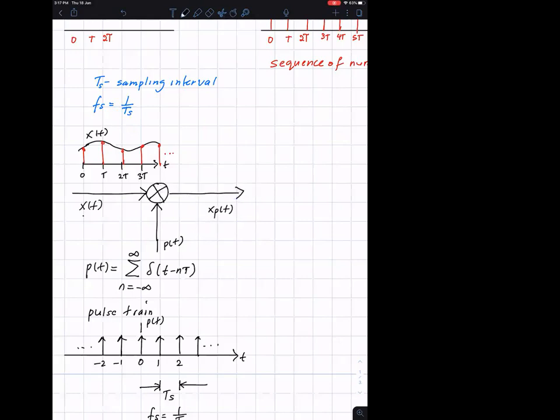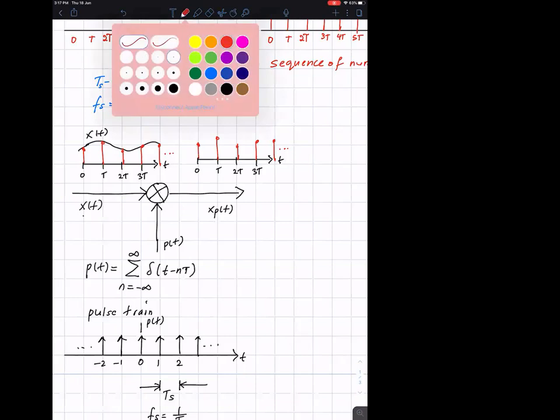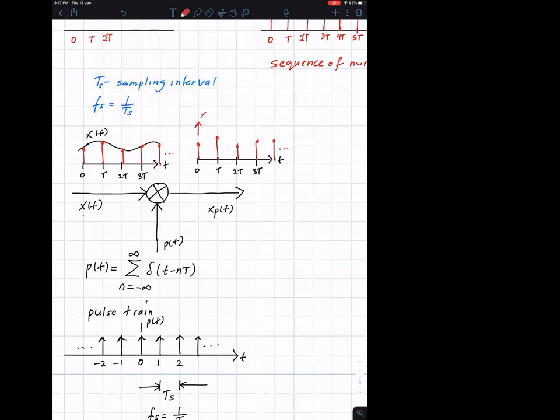The output signal you're going to get is a discrete time signal. So this is your xp(t) sampled output.